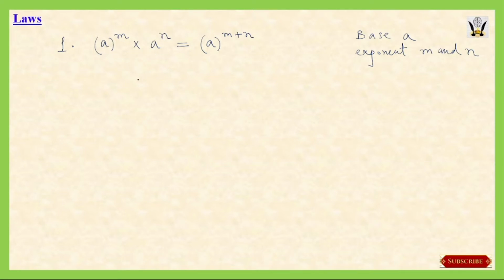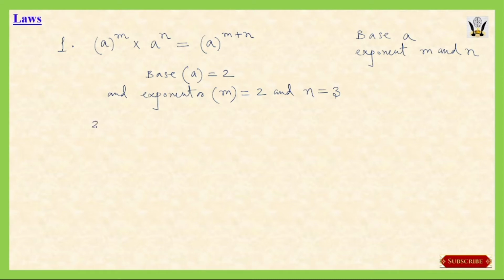Now let's understand this with an example. Let's have the base value as 2, m as 2 and n as 3. First we will find the value of a to the power m. So it will be 2 to the power 2, which is 4.